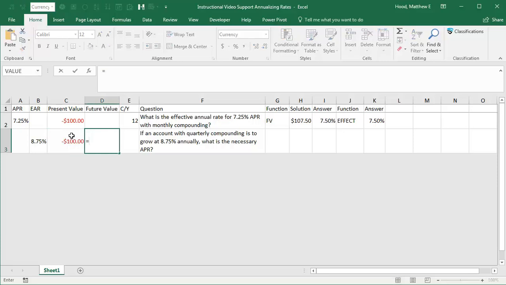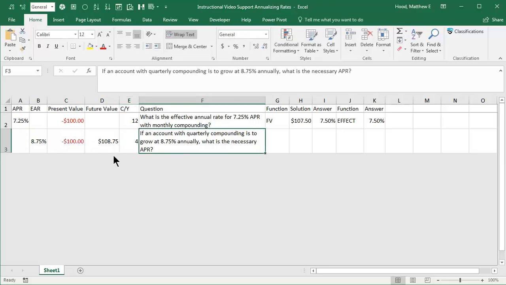So the future value is going to be this $100 multiplied by 1 plus the growth rate. I put the negative in front of it to make this a positive number. We know that at 8.75%, $100 grows to 108.75. It took 4 quarters to get there.